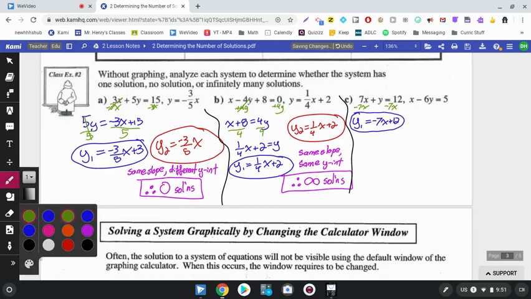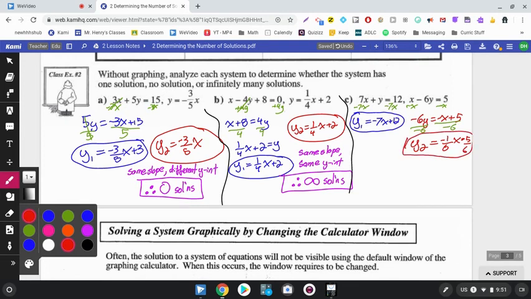Next one might be a bit harder, but that's okay. Subtract your x, subtract your x. Negative 6y equals negative x plus 5. And now I have to divide by the coefficient. Divide by negative 6, divide by negative 6. y2 equals negative 1/6 x minus 5/6.